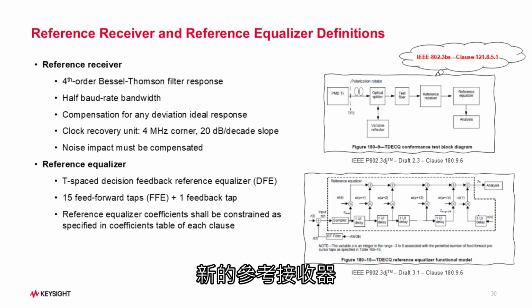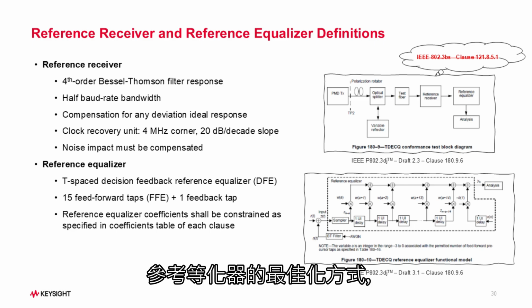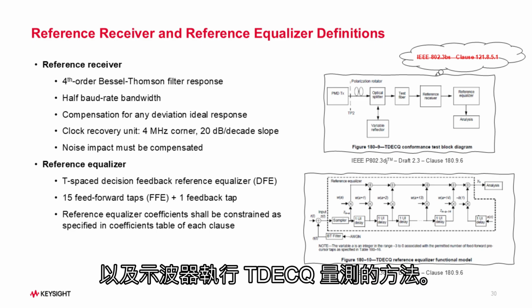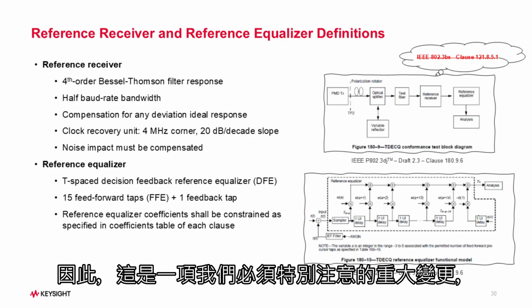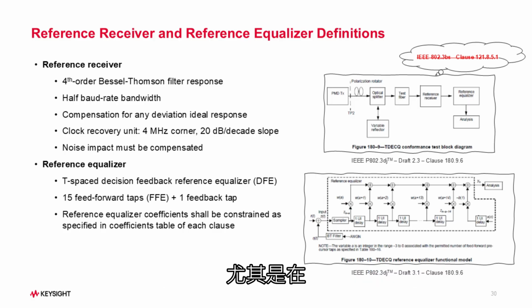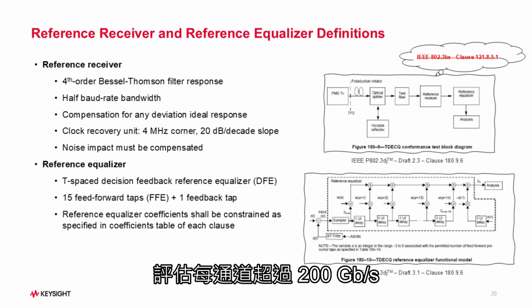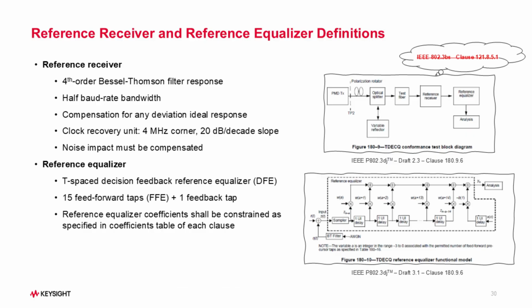The new reference receiver significantly changes how we optimize the reference equalizer and how we do the TDECQ measurement on the scope. So this is a big change that we need to be aware of when we're trying to evaluate the performance of a 200 gig per lane optical interface.